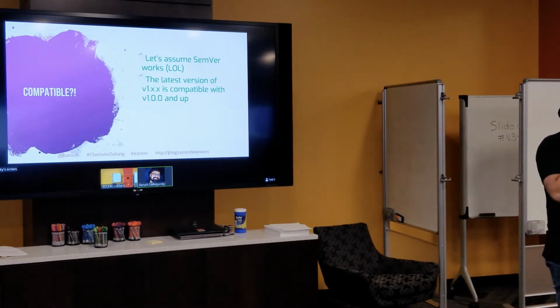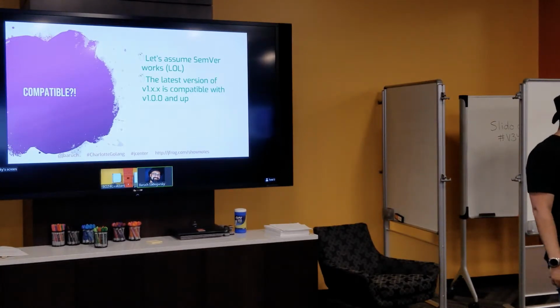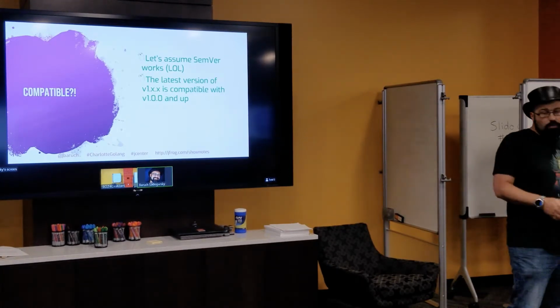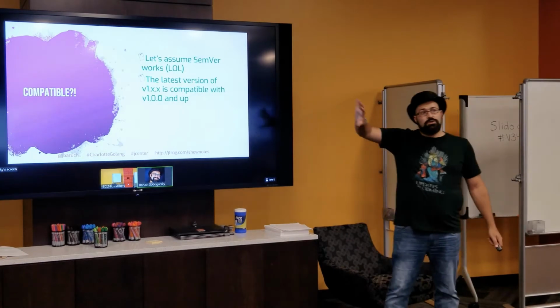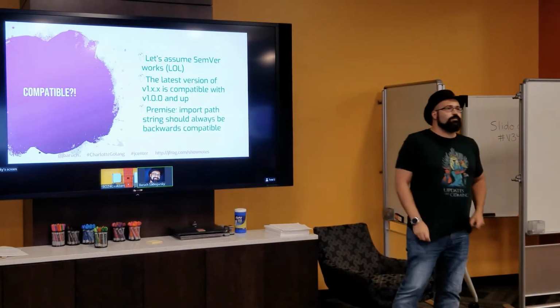Sam said no, that it will never work, and Russ said, yeah, it will probably never work, but I want people to be responsible, so if they break other people's builds, let them fix their stuff, basically. That was kind of the two approaches. And what we have now is this approach. We assume that semver works.